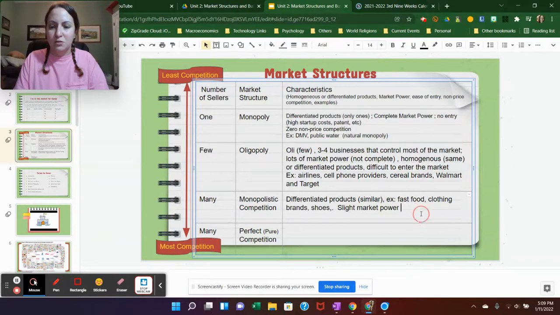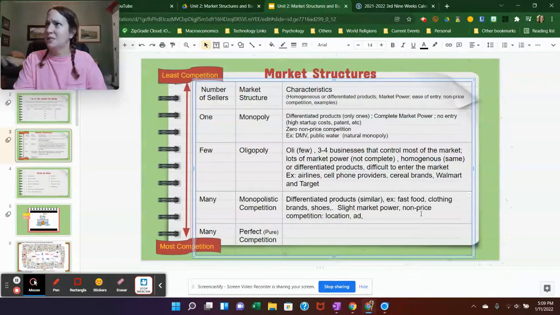When it comes to non-price competition, since there's so many, it's location. They're everywhere. Maybe they have really good advertisements that really draw you in. Maybe there's lots of customer service that you're going to find in fast food restaurants and clothing brands, things like that.